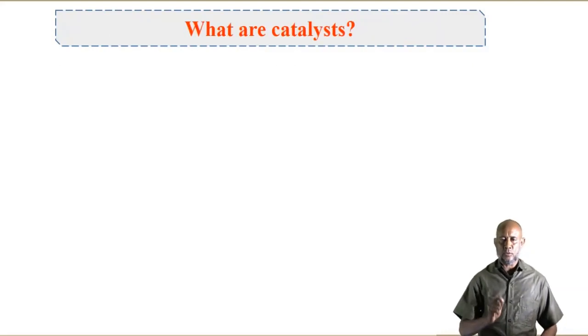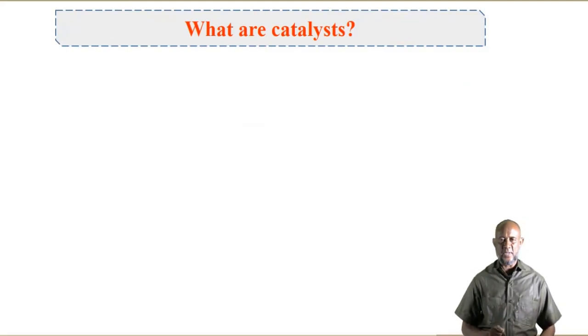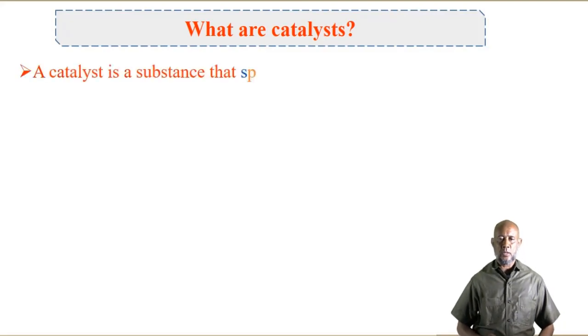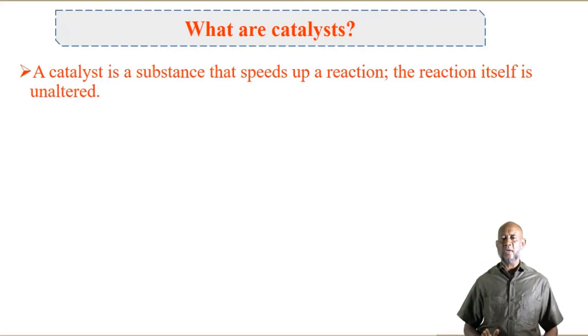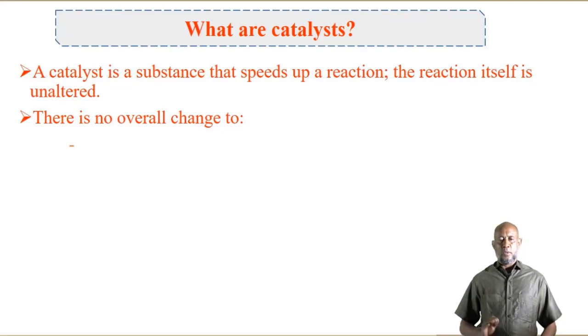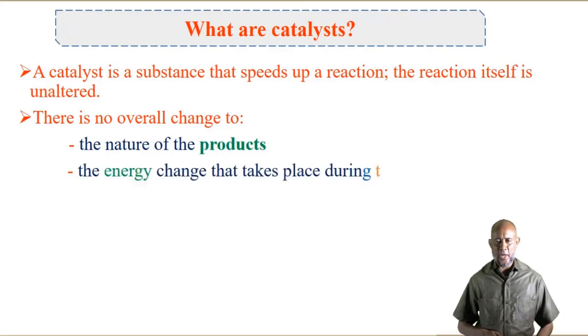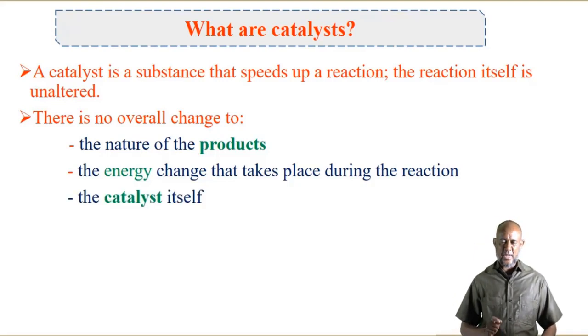Now let's talk about catalysts. What are catalysts basically? A catalyst is a substance that speeds up a reaction. The reaction itself is unaltered, okay? There is no overall change to the nature of the product, the energy change that takes place during the reaction, and also the catalyst itself.